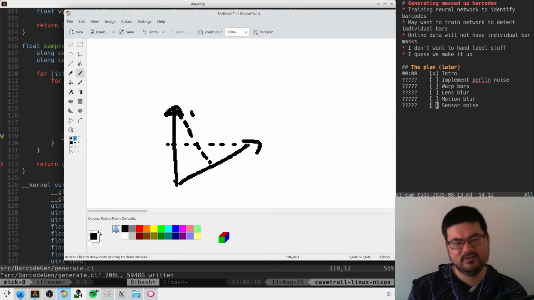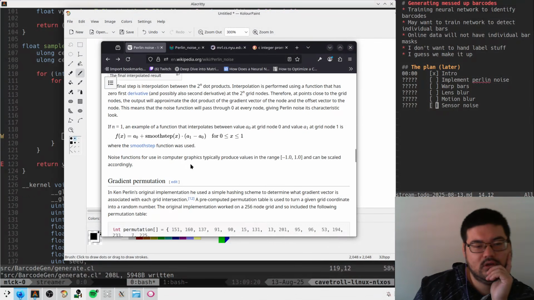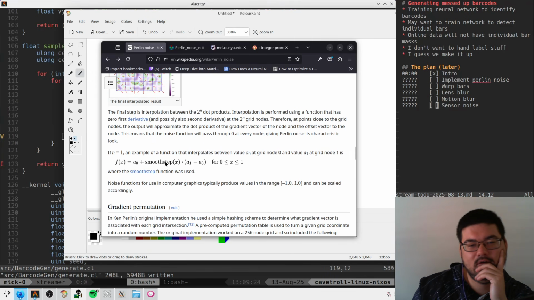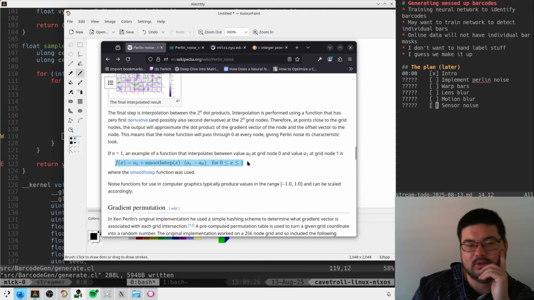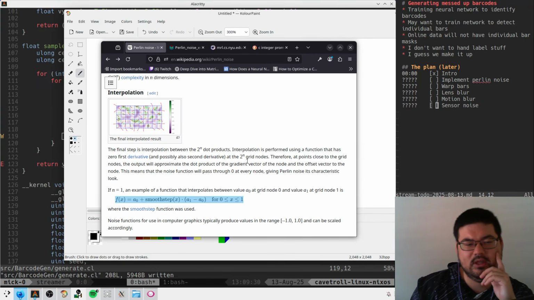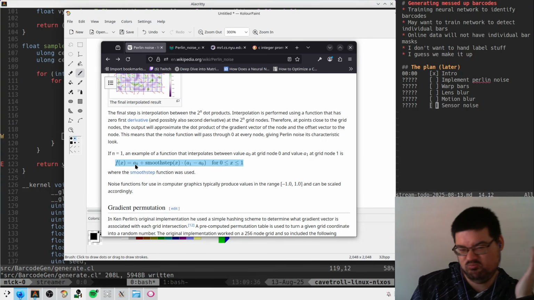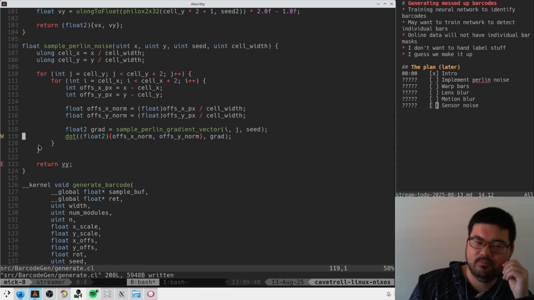And then I guess we want to, they say to interpolate between them. So I guess we probably want bilinear interpolation, but smooth, maybe. We could start with a lerp.